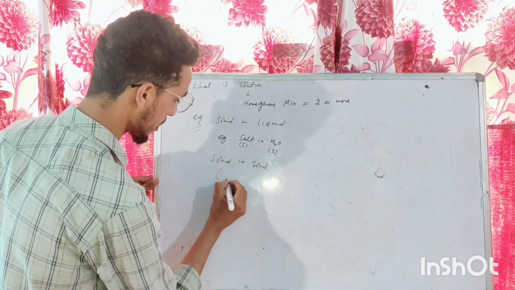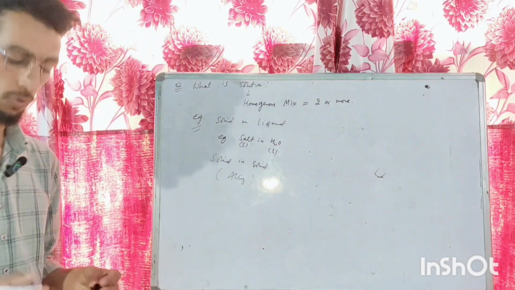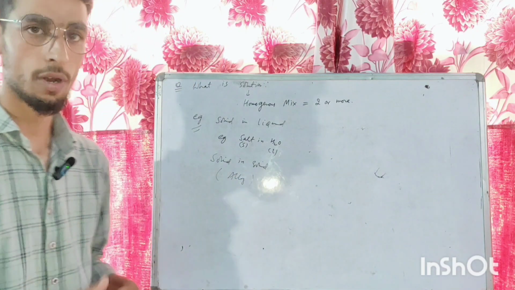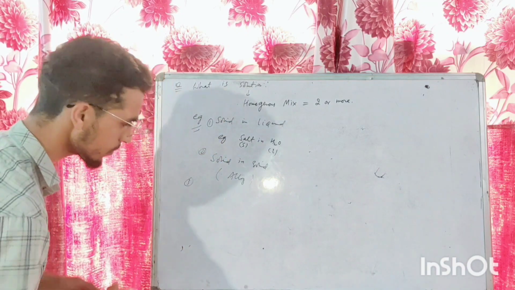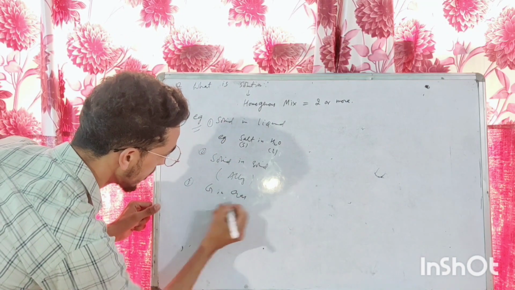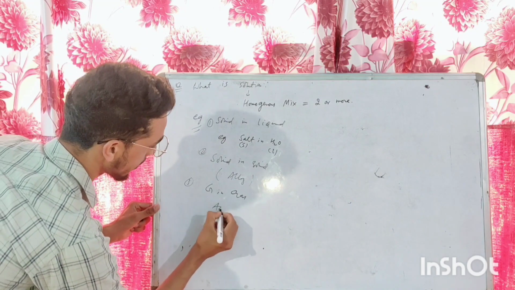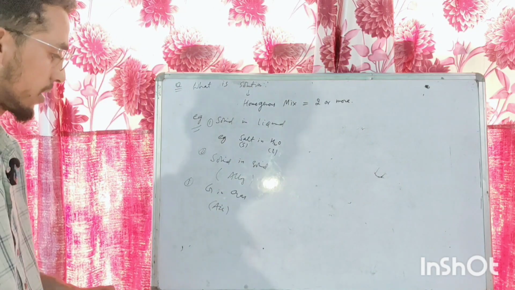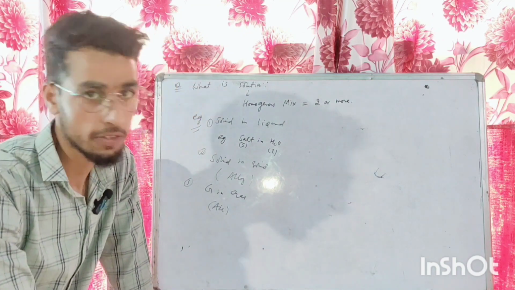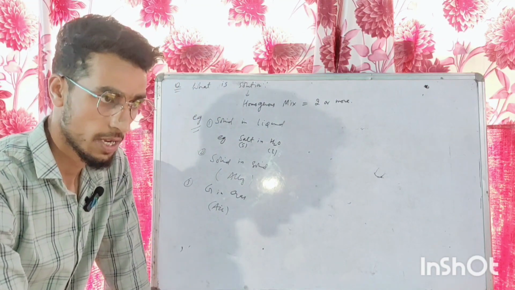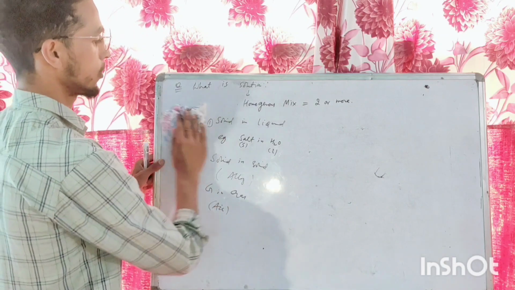The best examples are alloys: brass, bronze, stainless steel, solder. Sometimes it can be gas in gas, meaning air, simply a mixture of gases. It's also a solution. Sometimes it can be gas in liquid, like aerated drinks. These are the examples of solution.